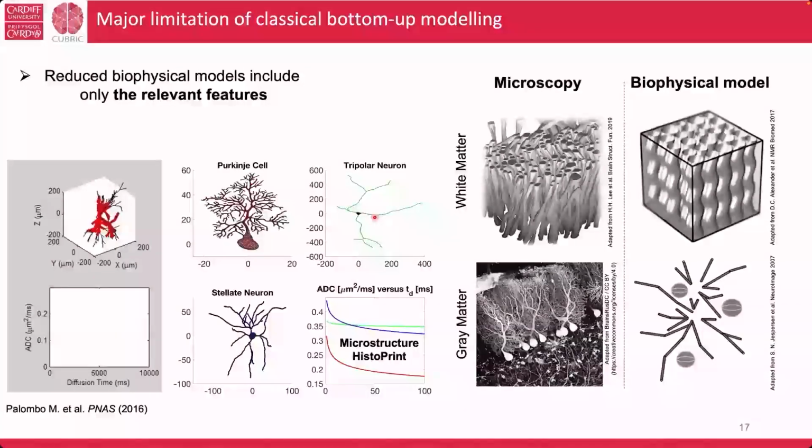And so here is where we start thinking of this microstructural fingerprint as a HistoPrint that we could link to particular histological features, such as the soma size, which is different between these three neurons, the branching order, how many cellular projections bifurcate, which is different between these three neurons, and the length of each of these branches, which is different. So these are all features that we can now not only hypothesize are relevant, but also investigate with our simulations.